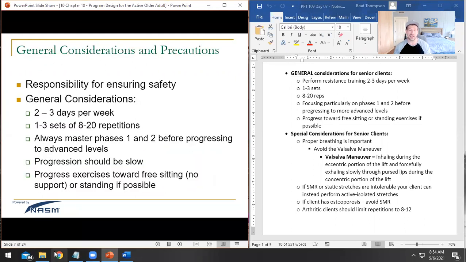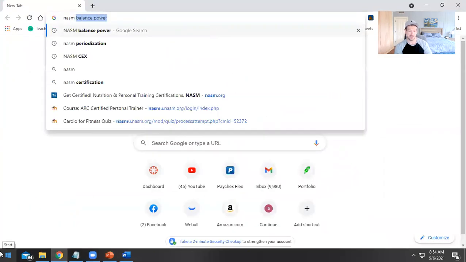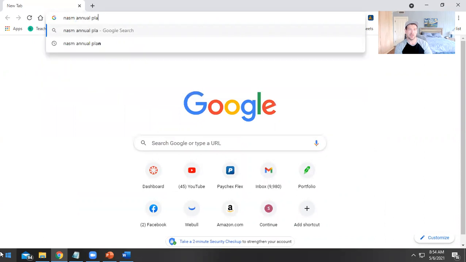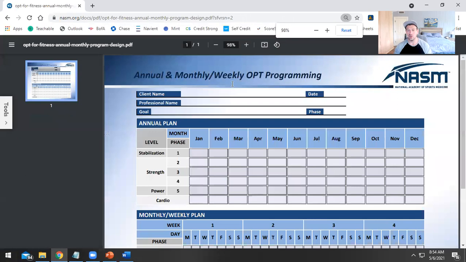So this is where, going back to the idea of periodization, the annual plan comes in. If you take a look here, depending on what a client's goals are, you could have a different plan for them. We've got phases 1, 2, 3. This is the OPT model, the staircase upside down here.